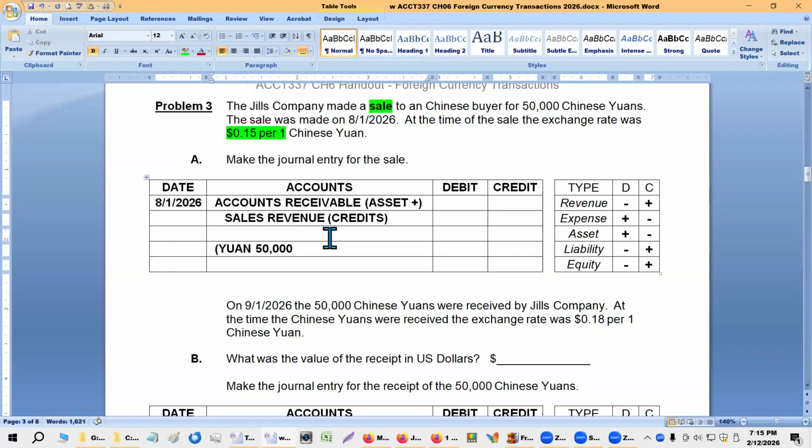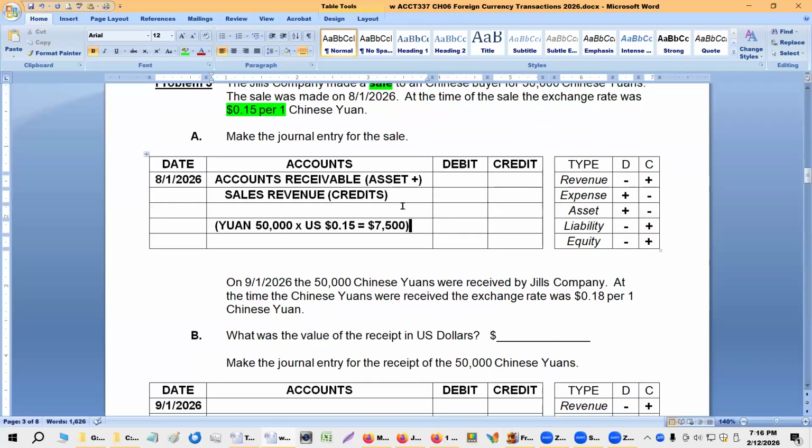A lot of things go into these exchange rates. So 50,000 times that, say $500. Okay.